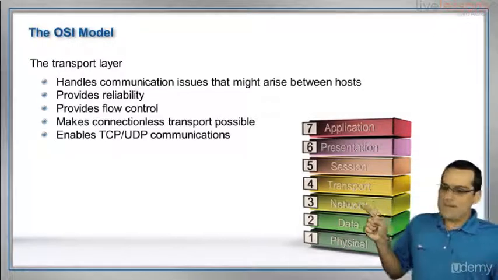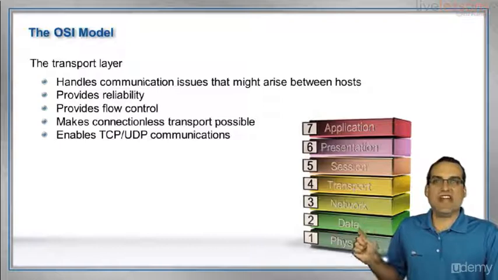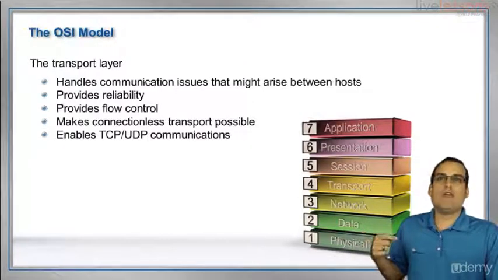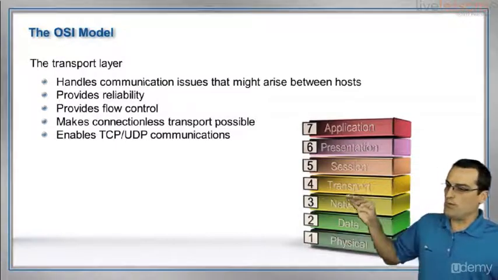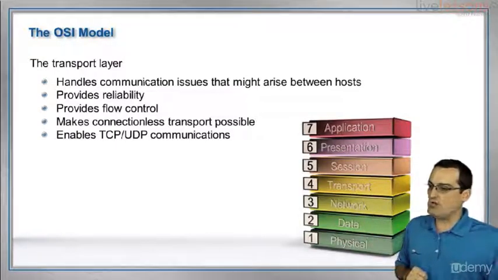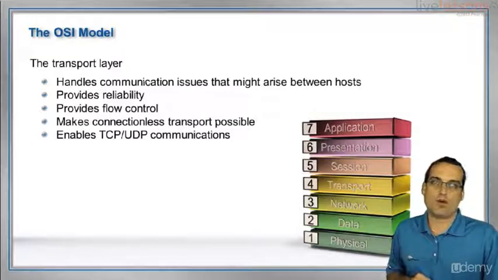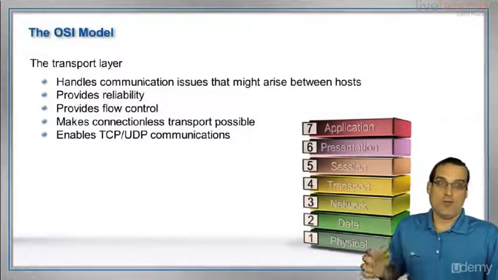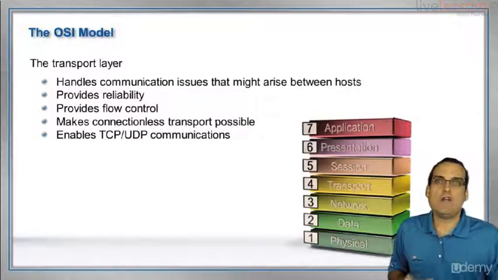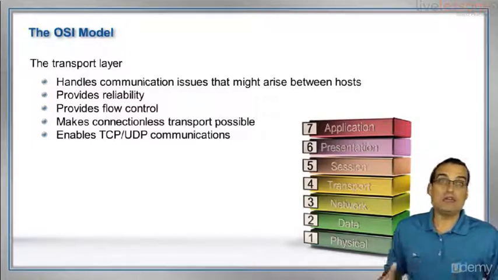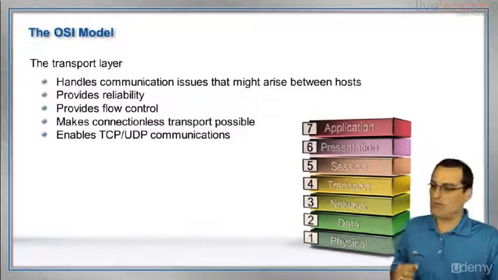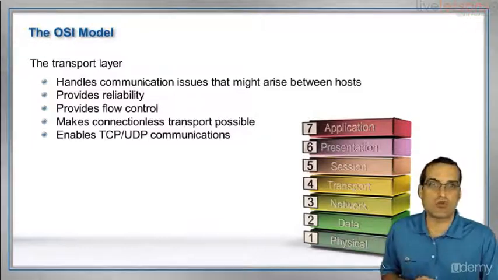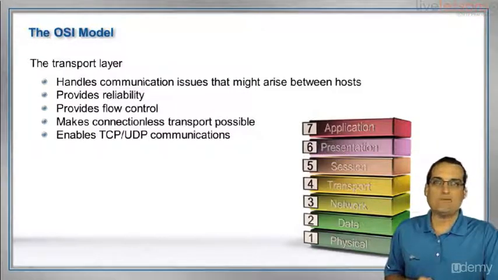Well, it may be that you want to send the network data with as little overhead as possible. And the protocol that we use at the transport layer for this is called User Datagram Protocol, or UDP. Perhaps you want to send the information with extreme reliability, and you don't care about the additional overhead that's going to be placed in the communications as a result of this. This is why we would use Transmission Control Protocol, or TCP.